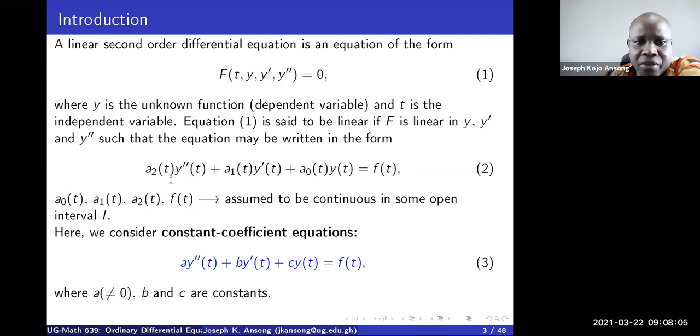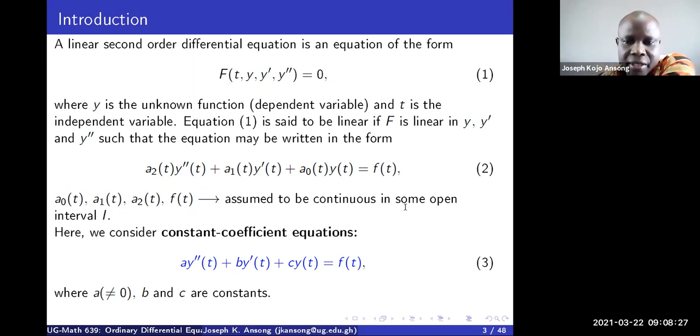So you have a2, it could be a function of t. It's linear also because these coefficients are not functions of y, they're just functions of the variable t. And often we assume that these coefficients, as well as the forcing function here, are continuous in some open interval.